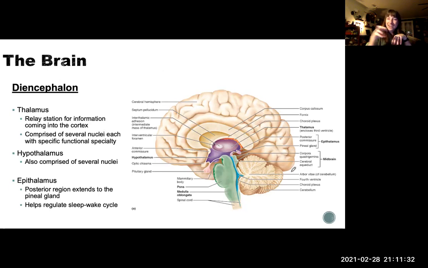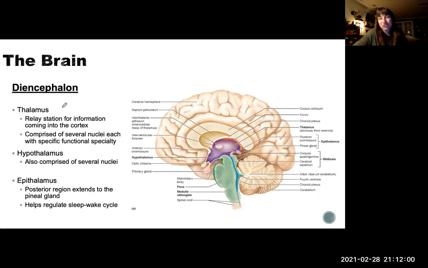And the diencephalon ended up right in the middle of those 2 hemispheres of the telencephalon, which became the cerebrum, right? So the diencephalon is this part that's underneath the corpus callosum. It's in the dead center of the brain, okay? So the major structures that we want to think of when we think diencephalon are going to be the thalamus, the hypothalamus, and the epithalamus, okay?